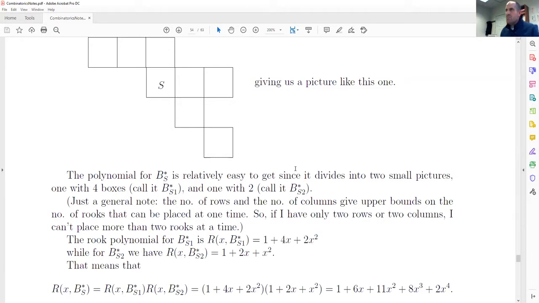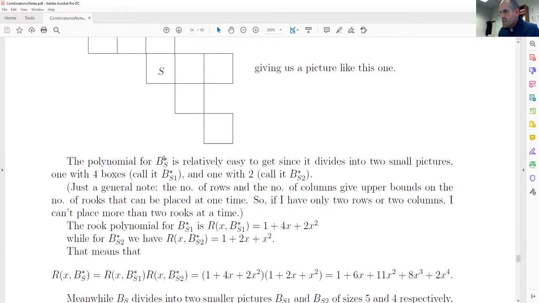If a board had 2 rows and 70 columns, the most number of non-attacking rooks I could possibly place would be 2, because I would only have 2 rows to work with. I would only be able to place 2 rooks at a time, one in the first row and one in the second row. So that's a general rule of thumb that you can always take to the bank.